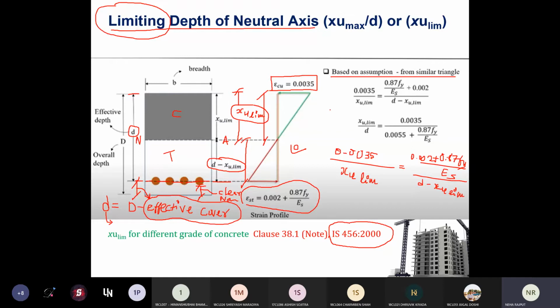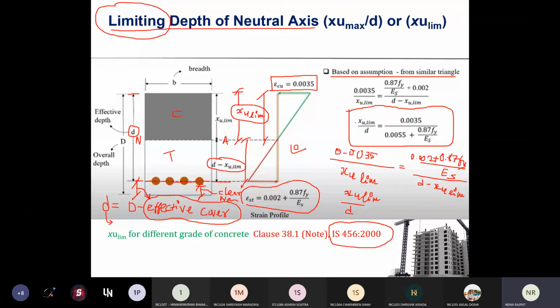Right. Now if I formulate this equation in terms of Xu by d, then I will get this equation in this manner. Yes, equation I developed for Xu by d. Right.